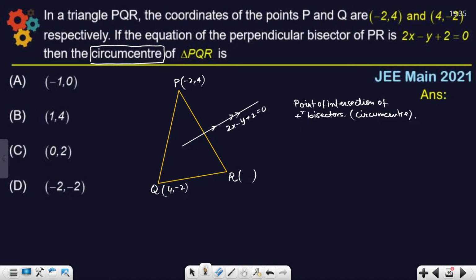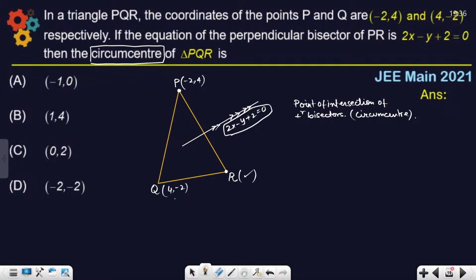This is the perpendicular bisector. So R is basically the image of point P with respect to the line mirror, this perpendicular bisector, which is 2x minus y plus 2 is 0. So you can find out this image and then you can find out the equation of the perpendicular bisector of QR. Yes or no?